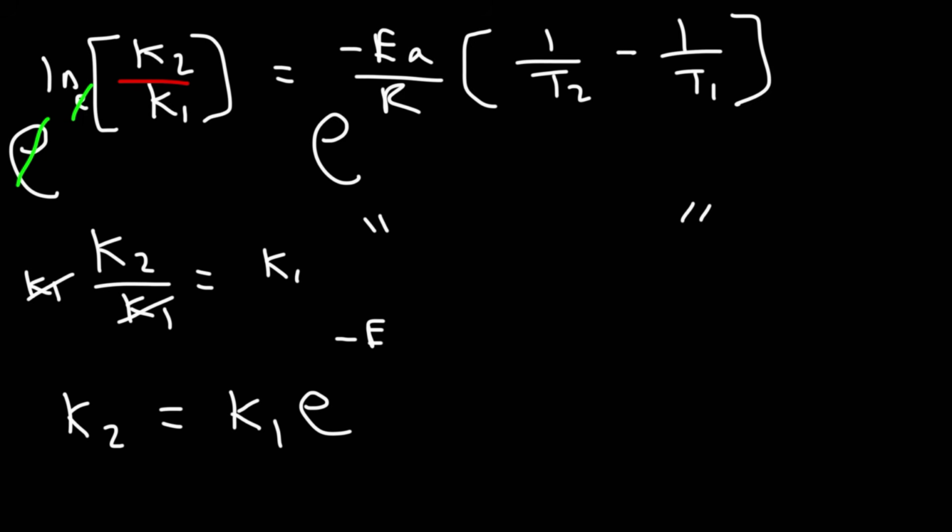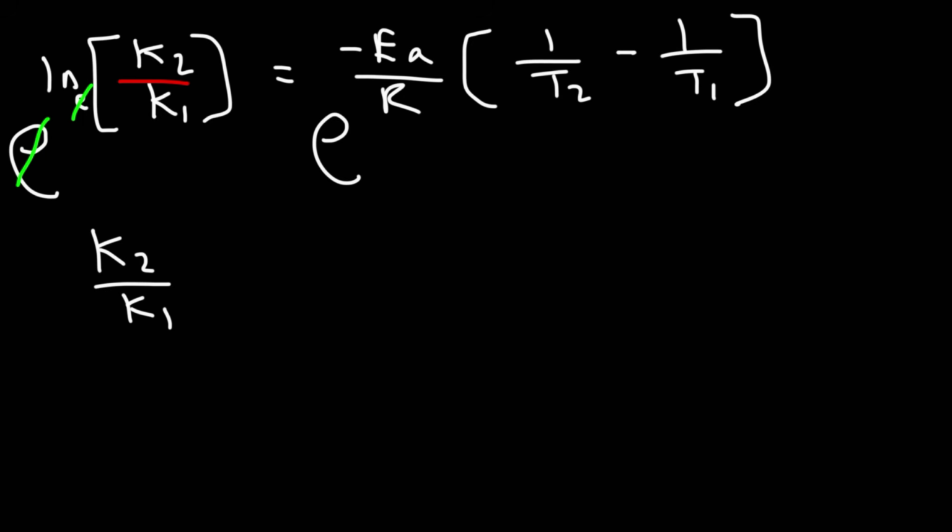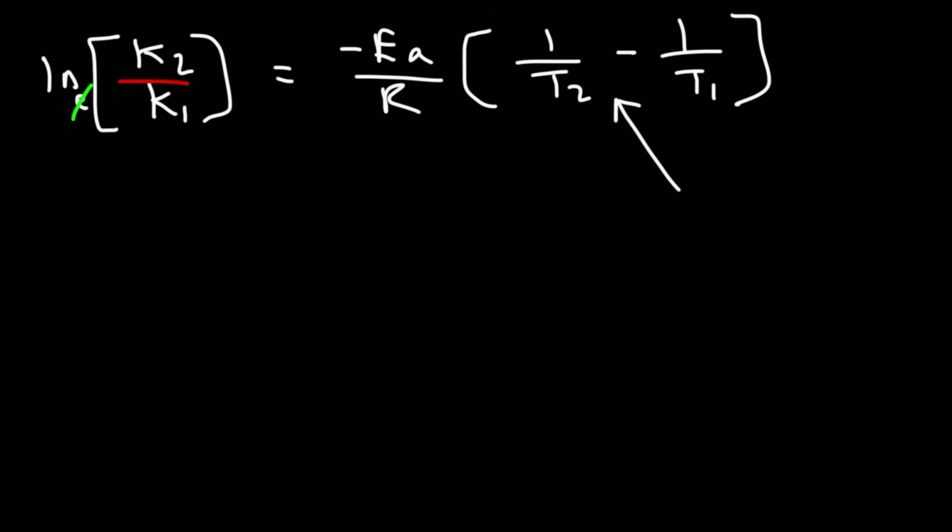Now let's go back to the equation that we started with on this screen. Alright, that's as far as my software will let me go back. Now sometimes you need to calculate the second temperature. So what we're going to do is isolate T2.